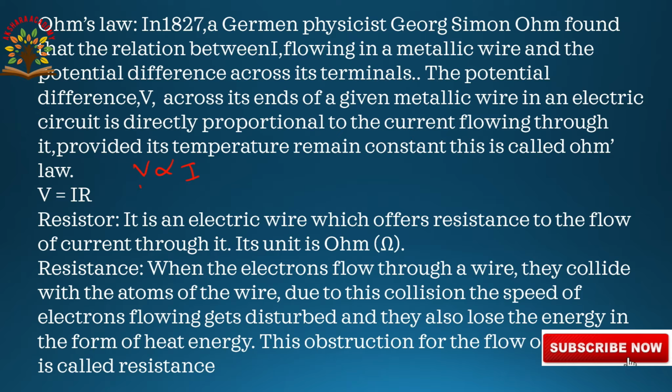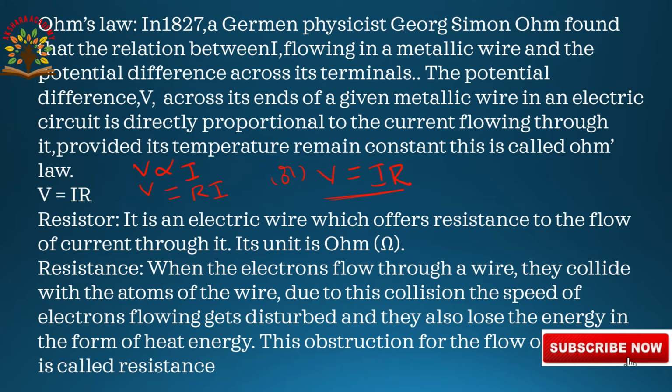If you remove the proportionality, you have to put a constant, that is R, which is resistance. So V is equal to IR. This is called Ohm's law. V is equal to IR.